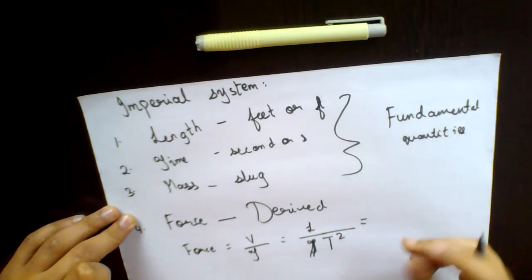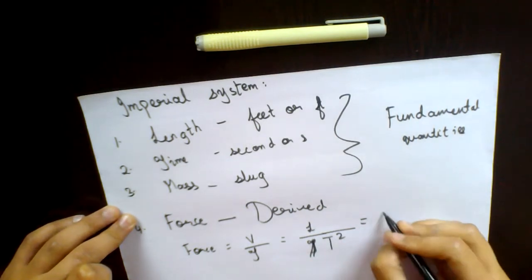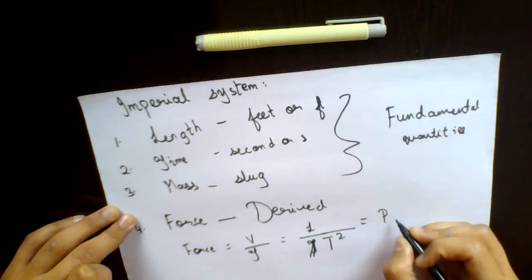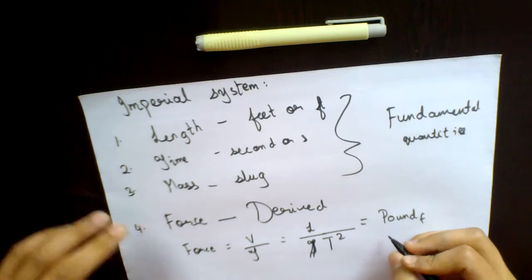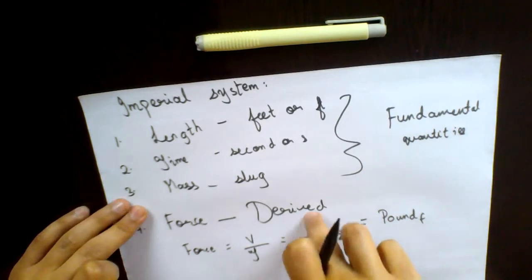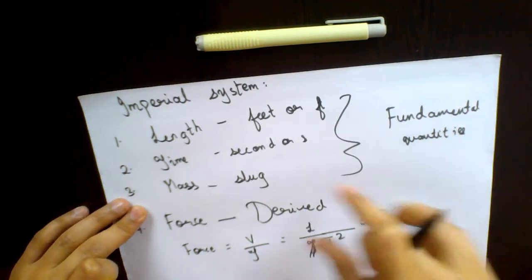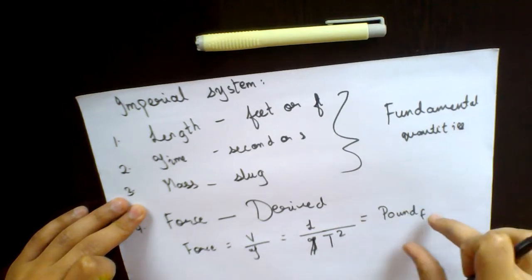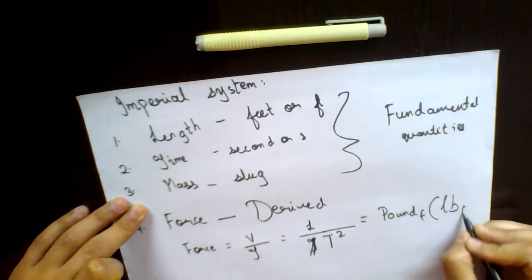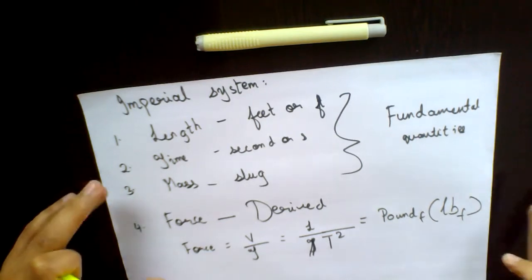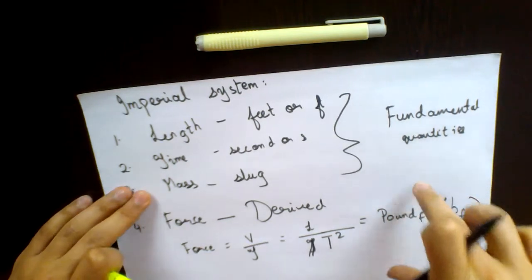So the unit for force becomes pound F. Length upon time square is expressed in the imperial system as pound F, or you can write it in the short form as lbf. Okay, this is also defined by Maxwell.